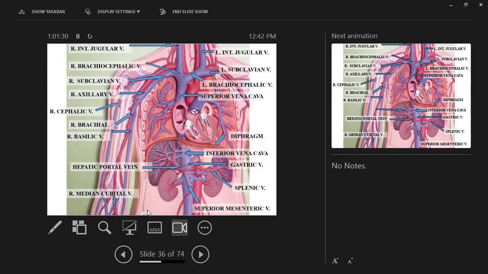So the hepatic portal vein allows us to temporarily bypass the vena cava, send it all to the liver, clean it up, detoxify it, make it look pretty, and then run it into the inferior vena cava to go to the heart and then get pumped out to the body.